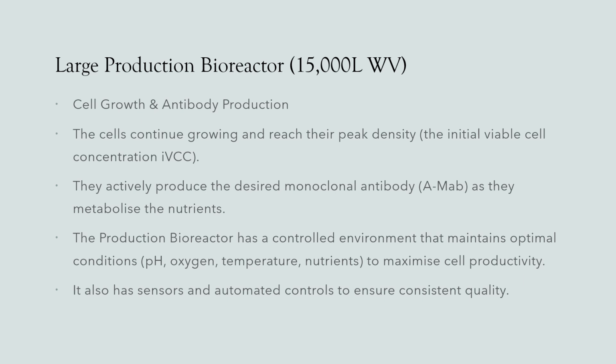The WV stands for your working volume. So your bioreactor could be large and it can have a working volume of 15,000 litres. It will probably be larger than that.